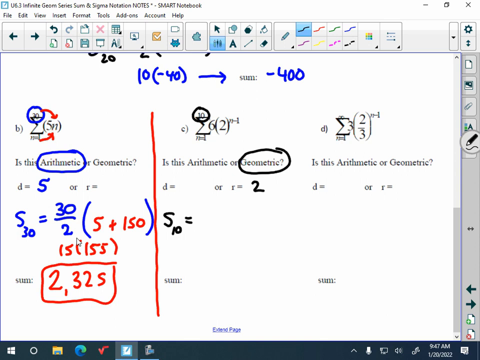So we're using the finite. So S of 10 equals the first term, which is 6, times 1 minus r, which was 2, raised to the 10th power, over 1 minus 2. 1 minus 2 is negative 1. Throw all this in the calculator. So 6138.